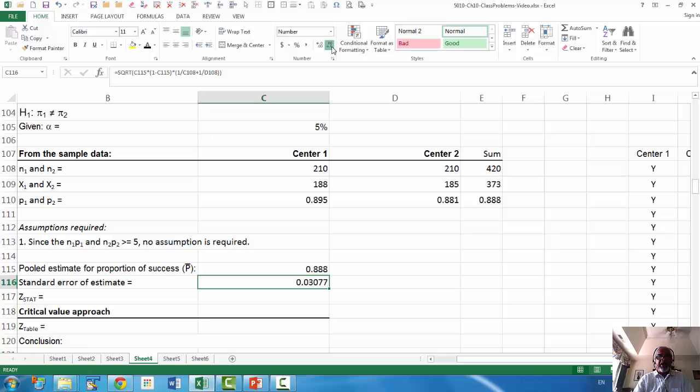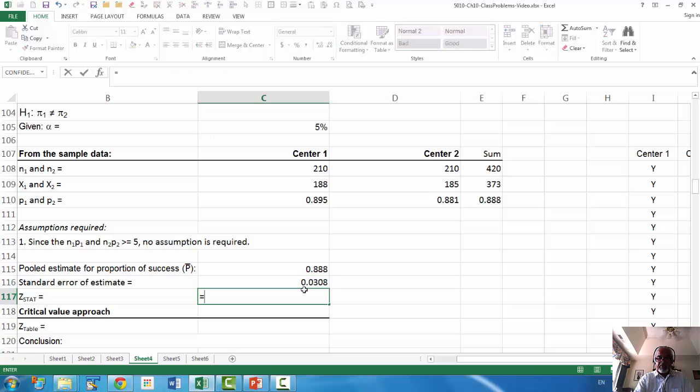So then z stat is p bar sub 1 minus p bar sub 2 minus the value of the hypothesis, which is 0, so we can omit that part, divided by the standard error. So that will give us the z stat value.